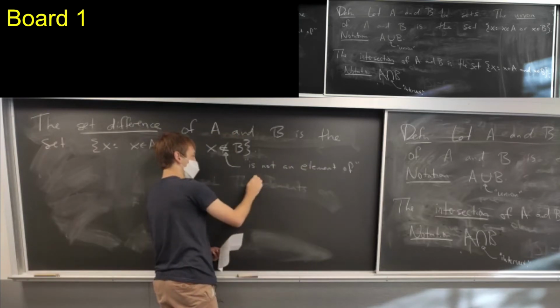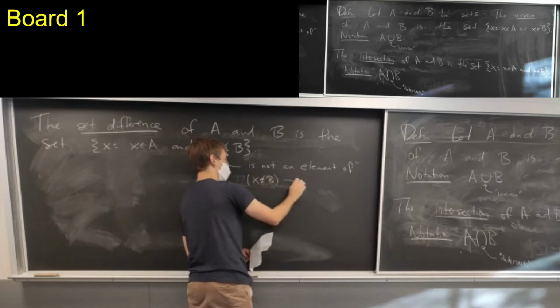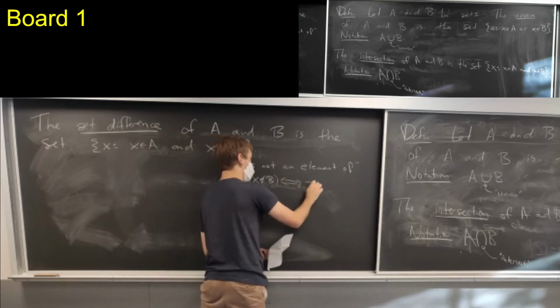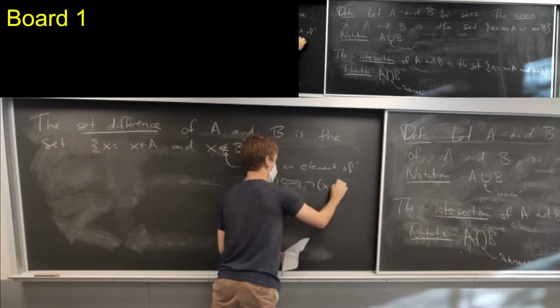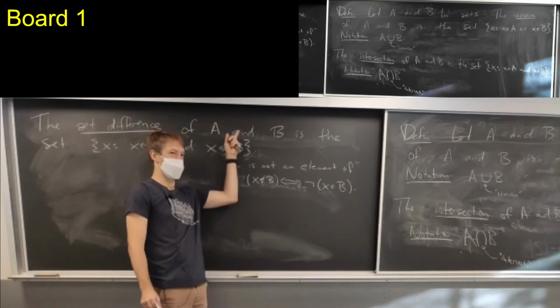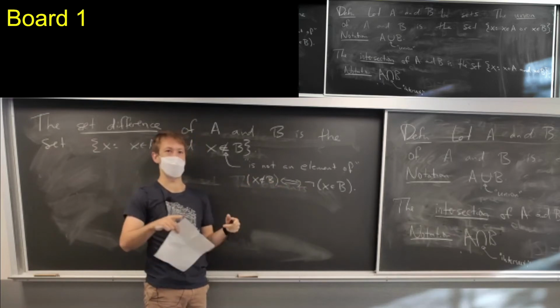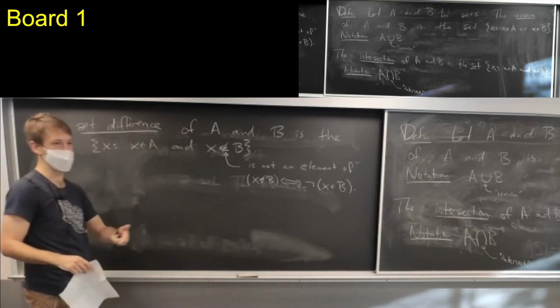Writing x not in B is equivalent to writing not x in B. It's just slightly less cumbersome to cross out the element sign rather than putting things in brackets and writing a negation. But it means the same thing.